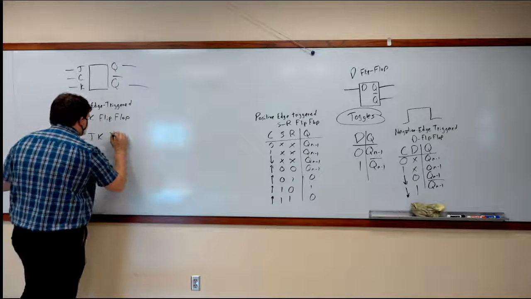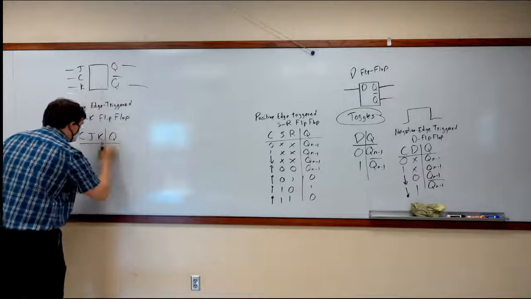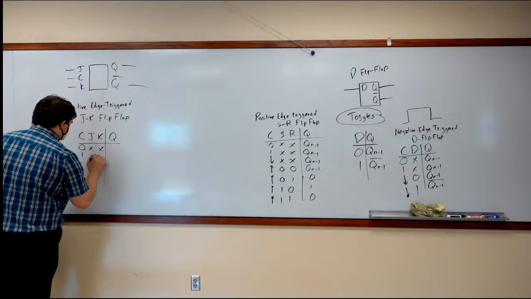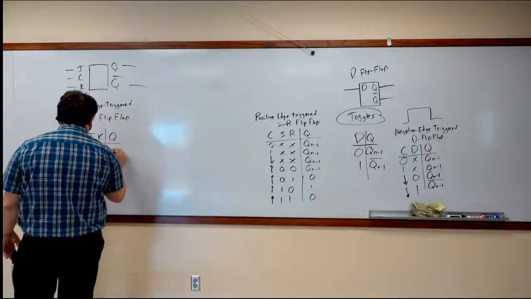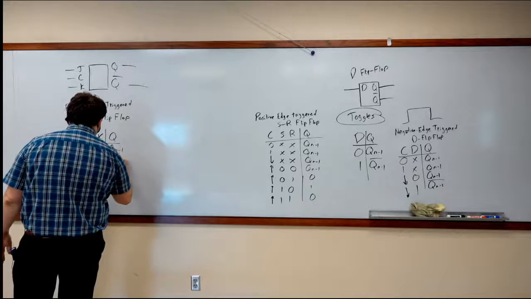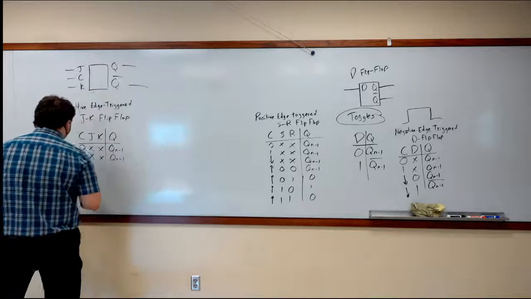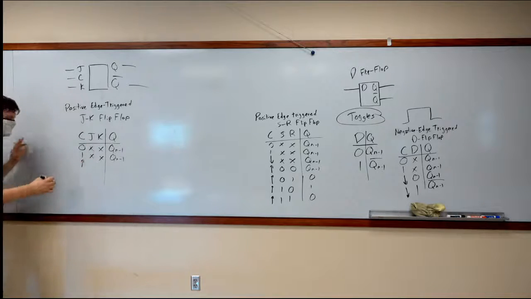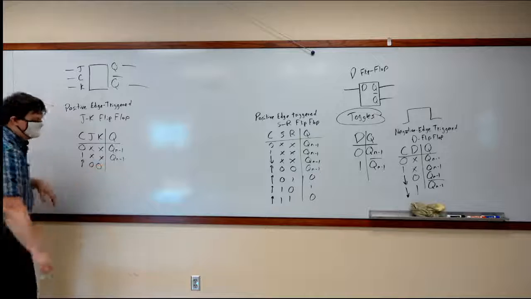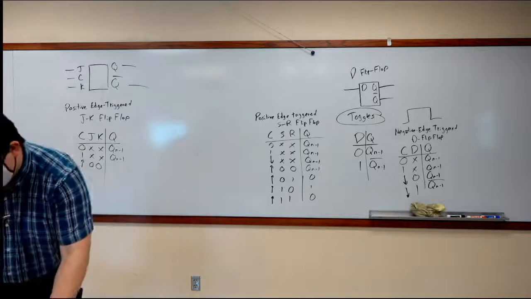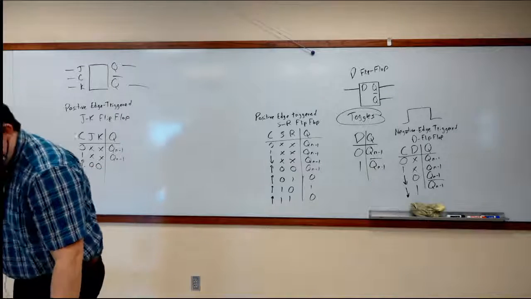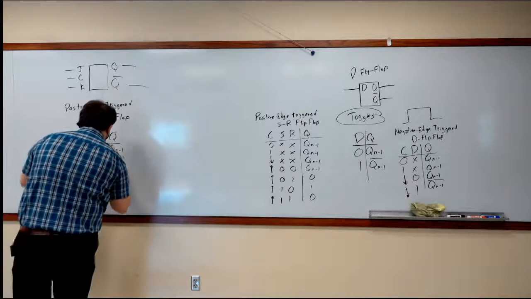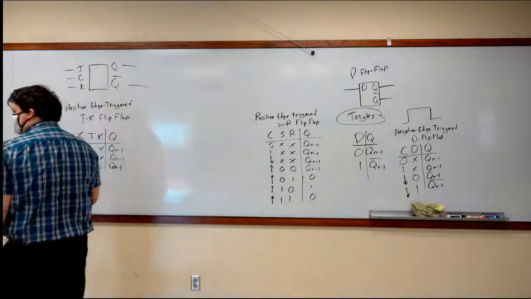So we've got C, J, K, and Q. The truth table for this is, once again, if the clock is a 0 or a 1, Q just stays the same. However, if the clock is on an uprise, then if J and K are both 0, this is the memory state, where it just remembers where it was at.